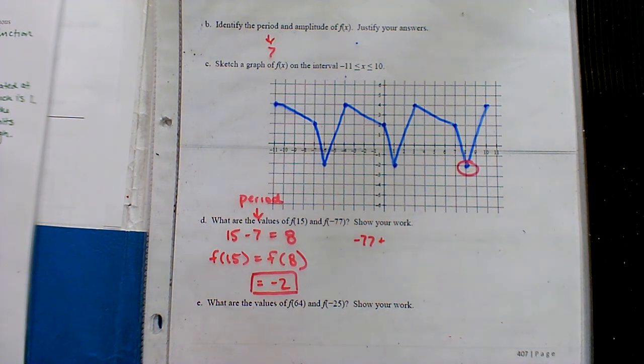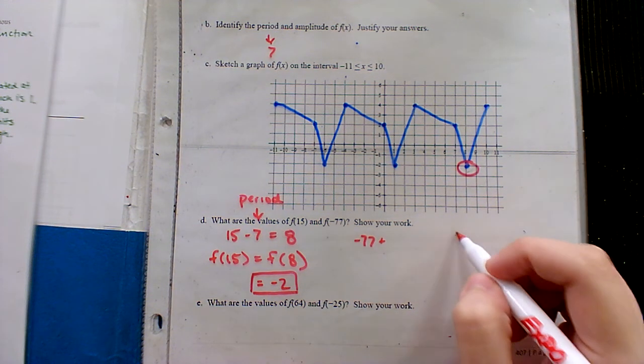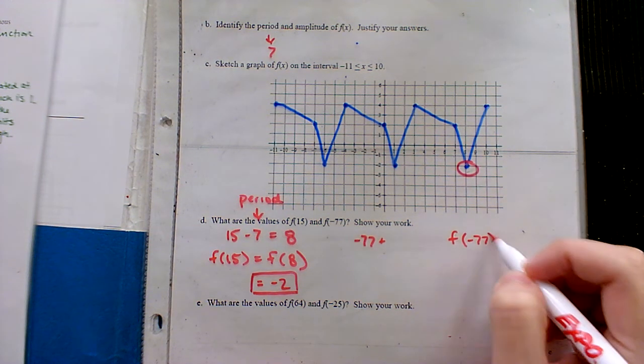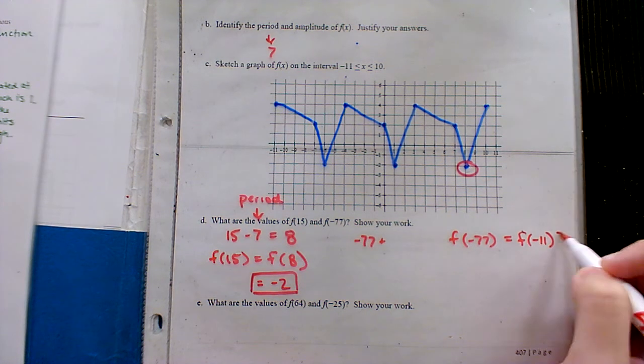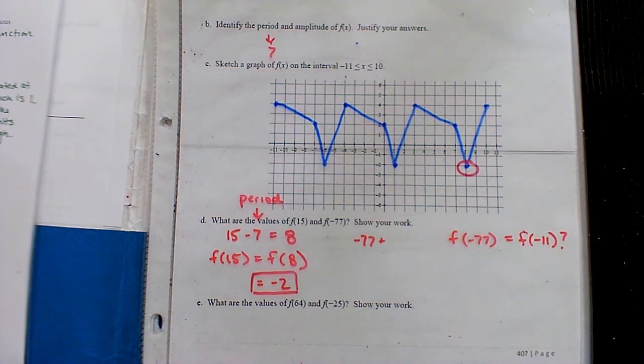Yeah? Since this just happens to be a multiple of 7, I guess just divide that by 7 and get negative 11. Okay, so maybe we'll say f of negative 77 is the same as f of negative 11. We'll try to check that out. Since it's divisible by 7, that might be a way to go.